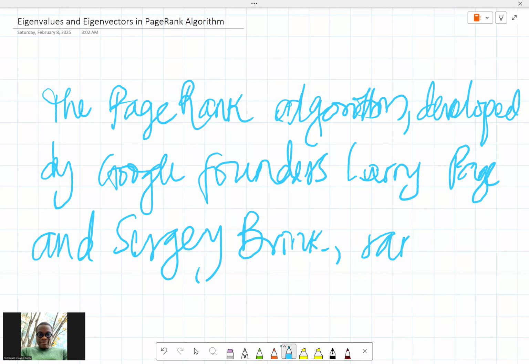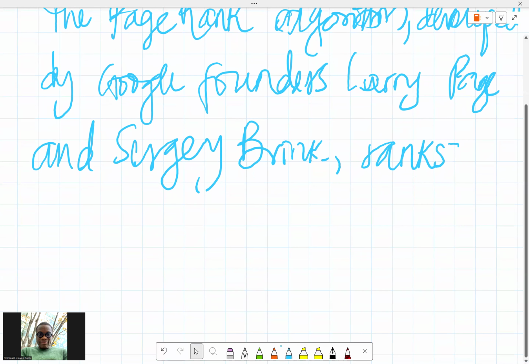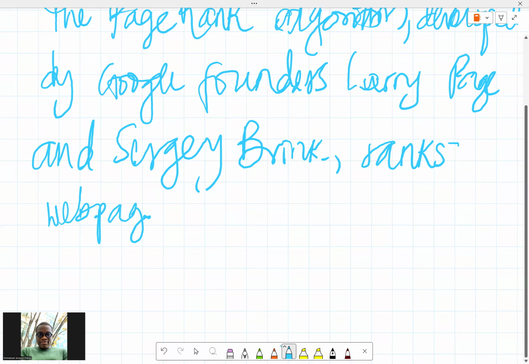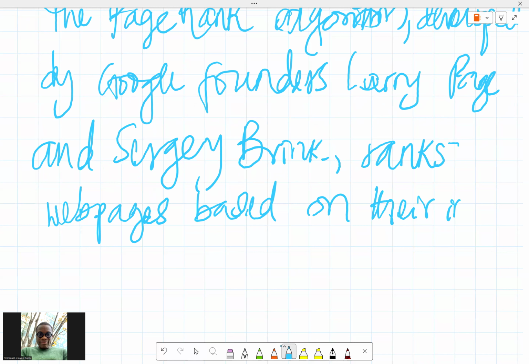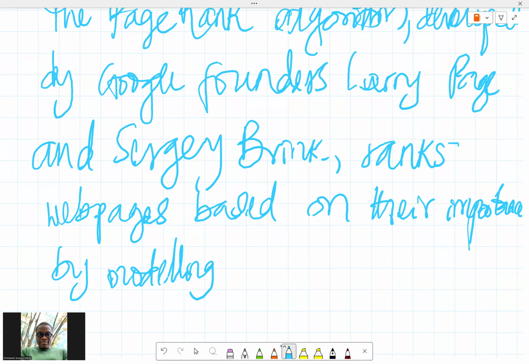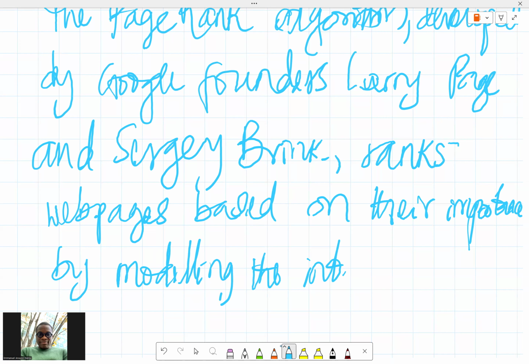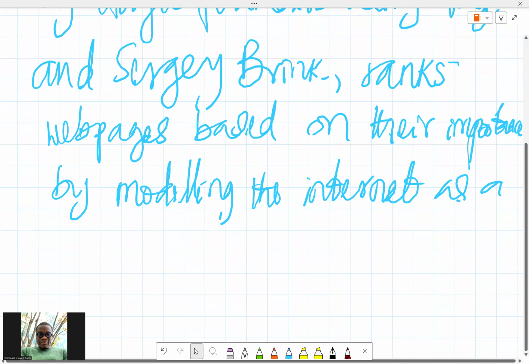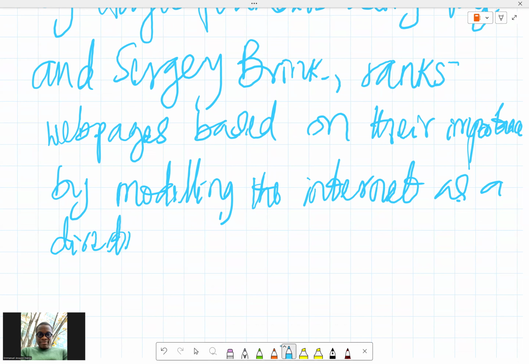So the algorithm ranks web pages based on their importance, by modeling the internet as a directed graph.